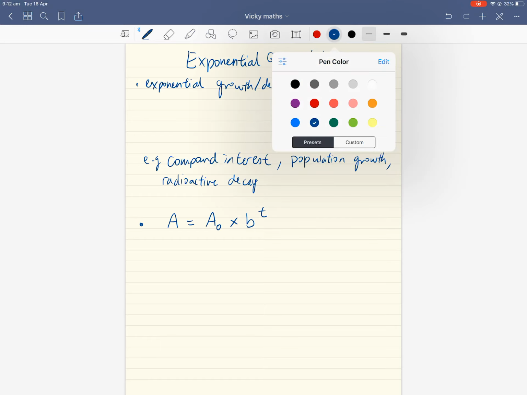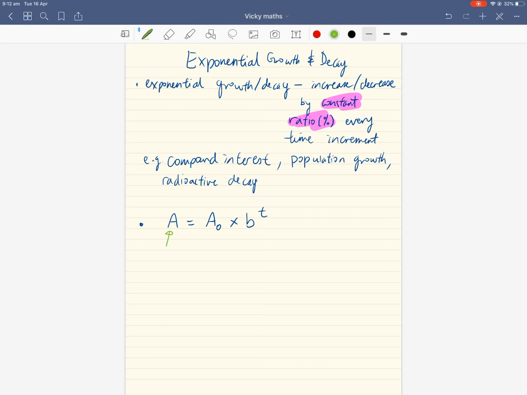A is your amount, so it could be your amount of money, or your population, the number of cells, etc. A naught is your initial amount, so when time is 0. When you start investing money, how much did you put in the first place? That's your initial amount.